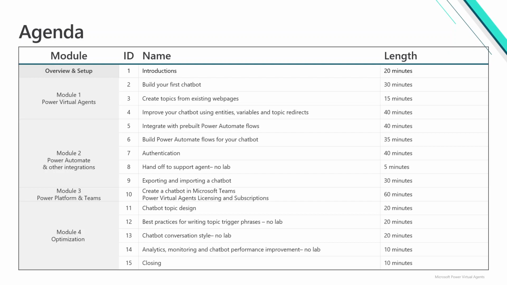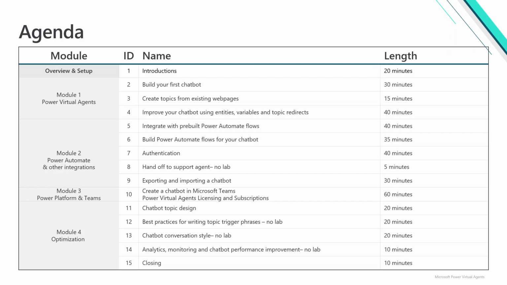Then we get into Teams. We'll cover a little bit of that lab, but then there's a lot of stuff to do in your own time if you so wish. And then module 4, the 11 to 14, these are really the theory ones. The hands-on stuff is first, and then we'll get into some theory around topic design, best practices for writing trigger phrases, chatbot conversation style.